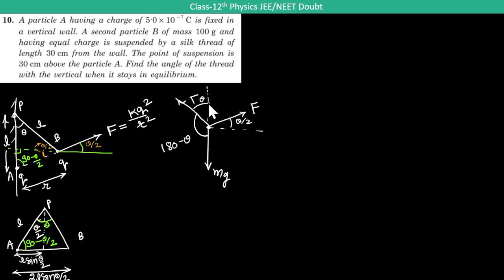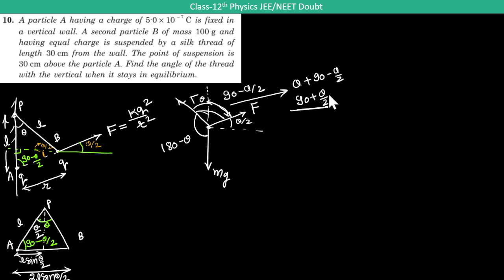And what should be this angle? If this angle is theta by 2, then with the vertical it is 90 minus theta by 2. So what about the complete angle between T and F? This angle should be theta plus 90 minus theta by 2, that is equal to 90 plus theta by 2.